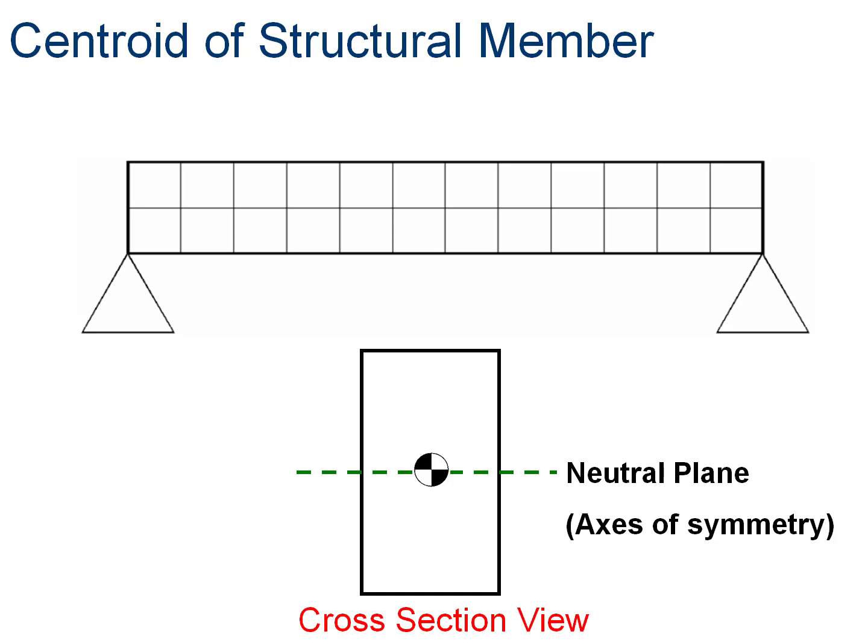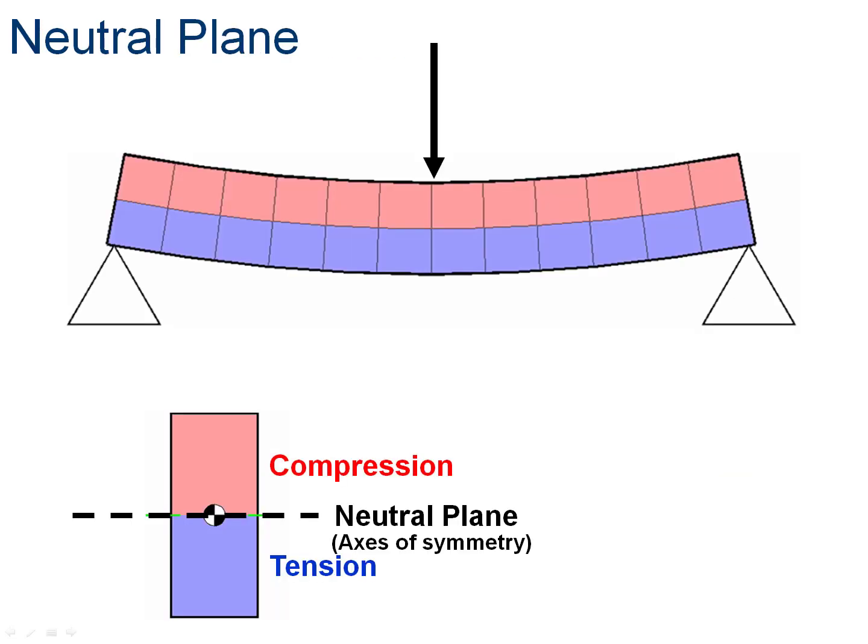So there's my centroid. Now when I start to push down on this thing, here's what happens. The top half of the material, above the neutral plane, the atoms in it go into compression. They're squeezed together. The bottom half, below the centroid, those atoms go into tension. And you could see this on almost anything. One example is a loaf of bread, or a piece of bread.